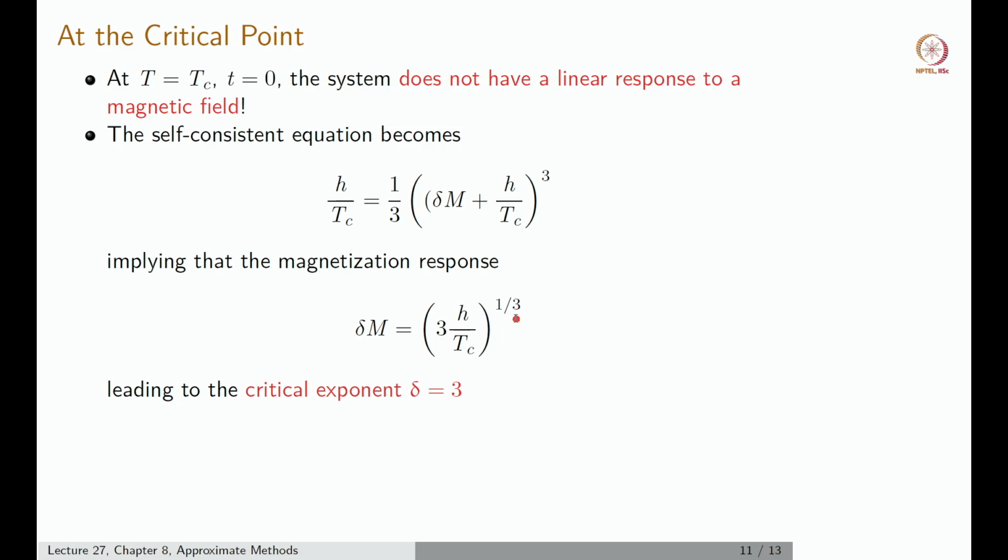That means the magnetization grows as the cube root of the magnetic field. It does not go as proportional to h. This is what I mean by non-linear response. This number 3 here is usually considered a critical exponent, and that critical exponent in this theory turns out to be 3.